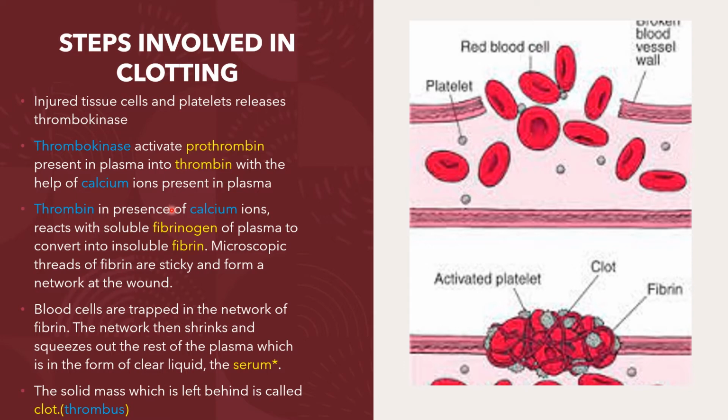Then the next step: thrombin, in the presence of calcium ions, will convert fibrinogen into fibrin. What is fibrinogen? Fibrinogen is a protein. We already learned this in circulatory system part 2, right? Who converts fibrinogen into fibrin?